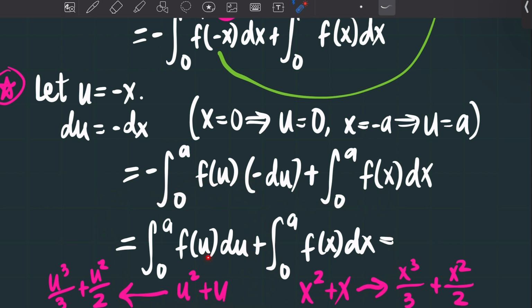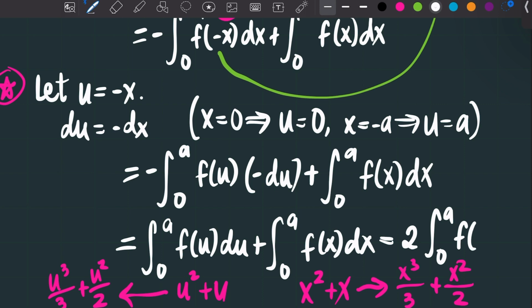This one is u, this one is x, pero the bounds are the same. So, we're talking about the same integral here. So, we can just take yung u and palitan siya into x. And now, what we have is 2 times the integral from 0 to a of f of x dx.